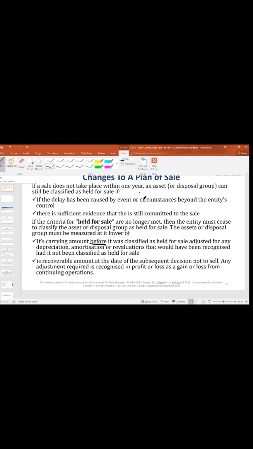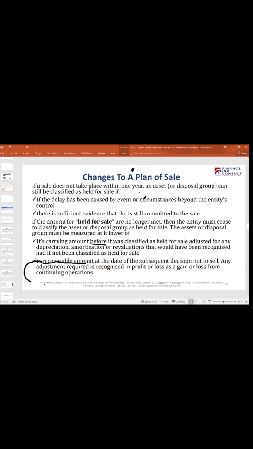So recoverable amount. Recoverable amount is also under IAS 36 impairment. It is the higher of NRV and value in use. Higher of it.